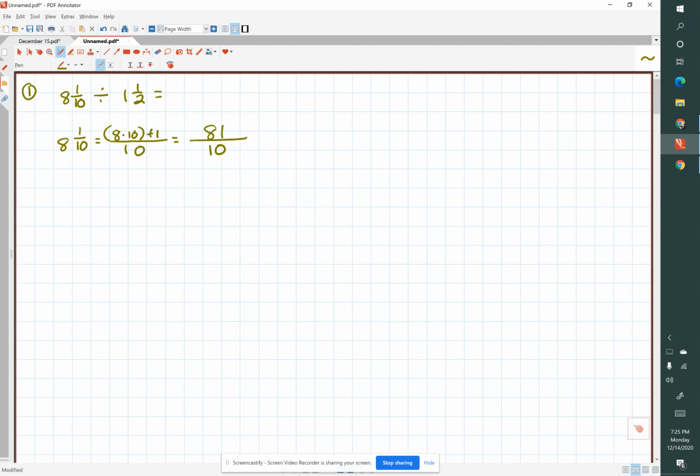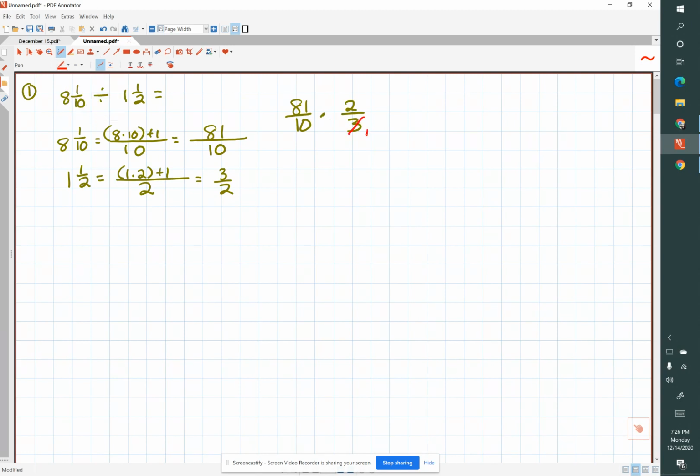Now we're going to convert the 1 and 1/2. 1 times 2 plus 1 equals, 1 times 2 is 2 plus 1 is 3/2. So now we'll rewrite as multiplying by the reciprocal. The first fraction stays the same, times 2 over 3.